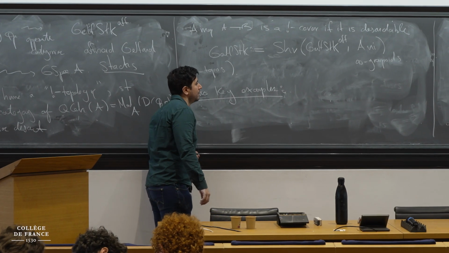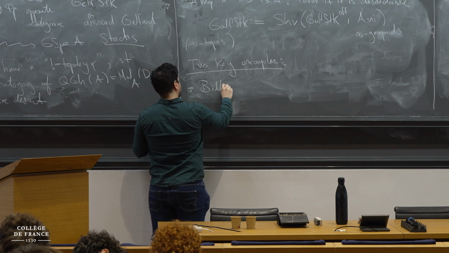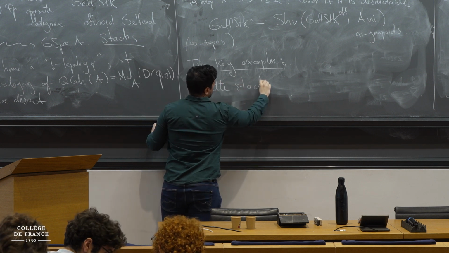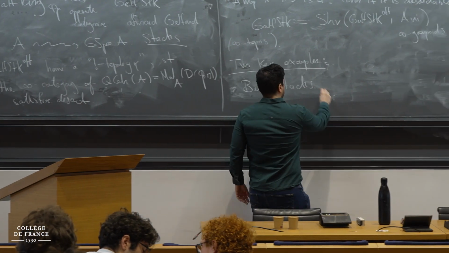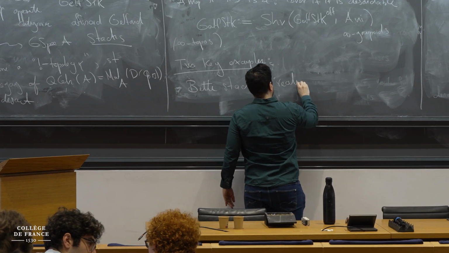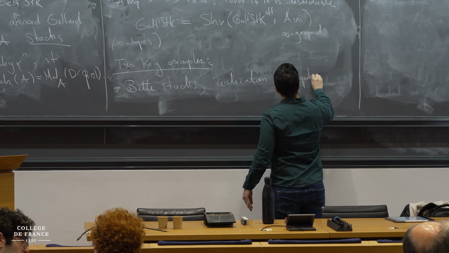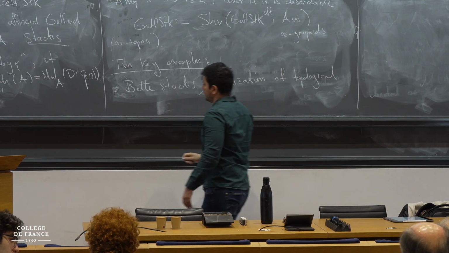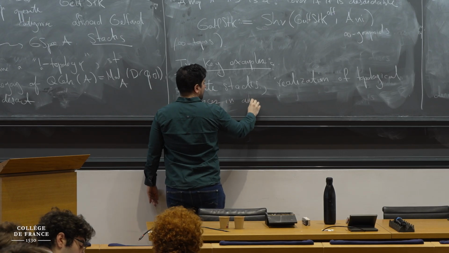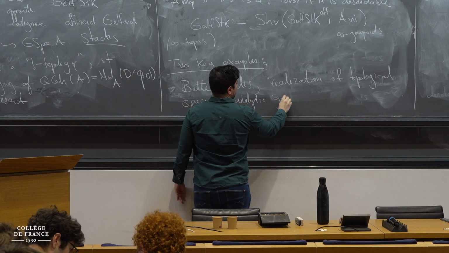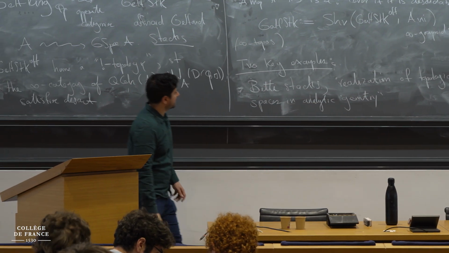So one of the first constructions is what are called Betti stacks. These are supposed to be some kind of realization of topological spaces in analytic geometry. Or maybe more than topological spaces, actually condensed sets, condensed anima.